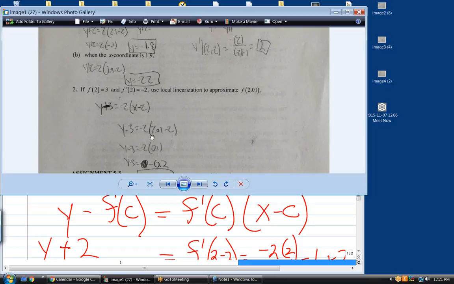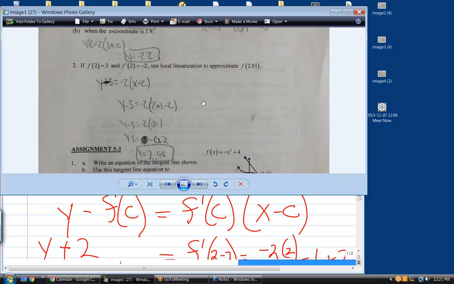I'm assuming you did all your algebra correct here. And this should give us a value of 3 minus, that should be 0.02, not 0.2. Right? Minus 2 times 0.01 is minus 0.02. So that's how you get 2.98.